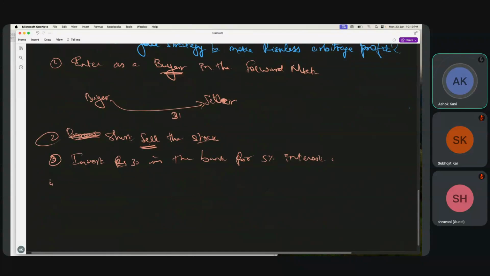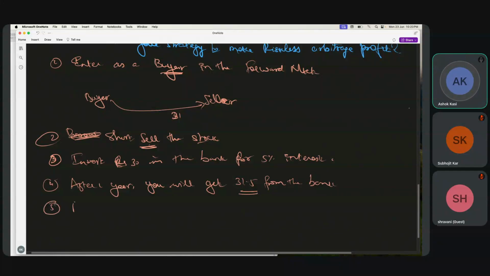Is that okay? So we are short selling it right now, and then the 30 we are keeping in the bank. After 1 year, you will get 31.5 from the bank. Now when you get 31.5 from the bank, you have to pay only 31 to the seller.